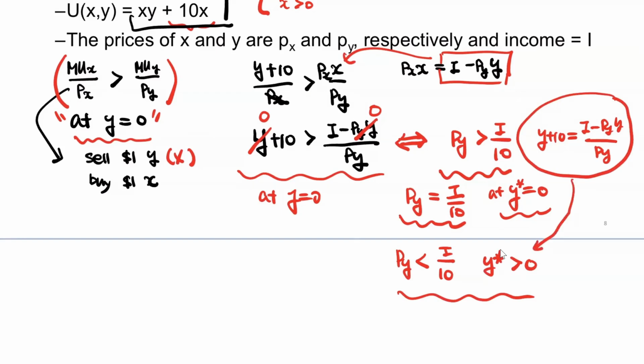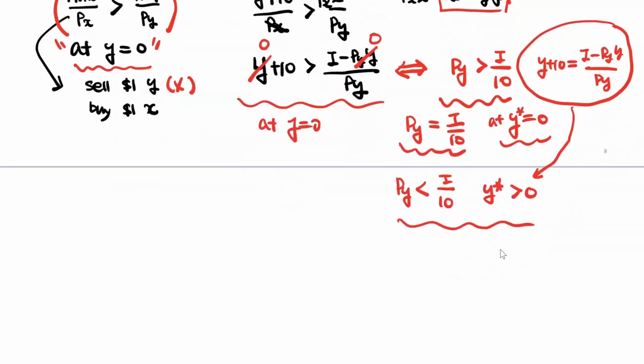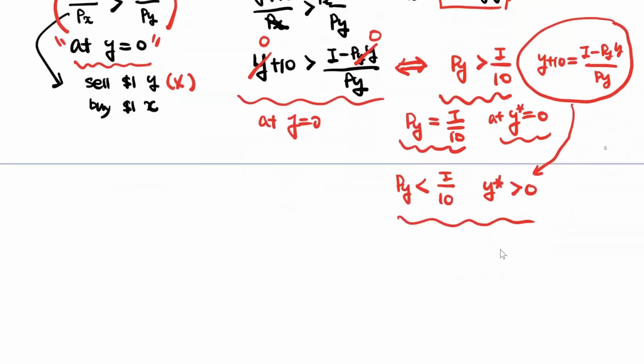So to summarize, if price of y is greater than I divided by 10, then the consumption bundle that maximizes your utility, y star, is going to be 0.